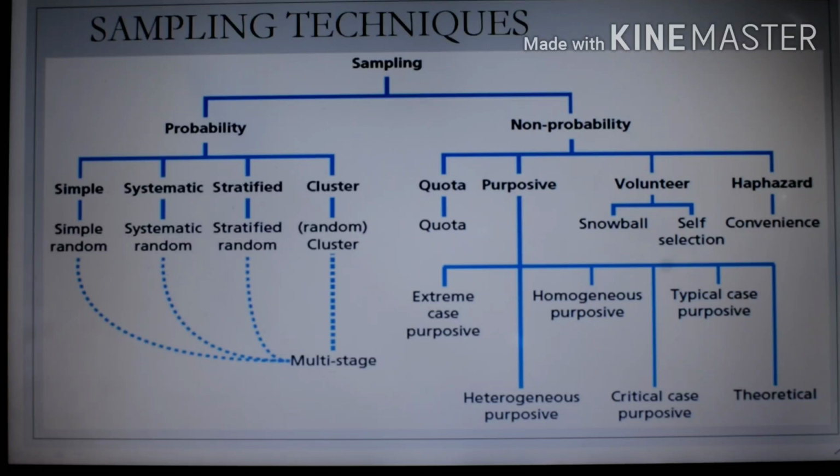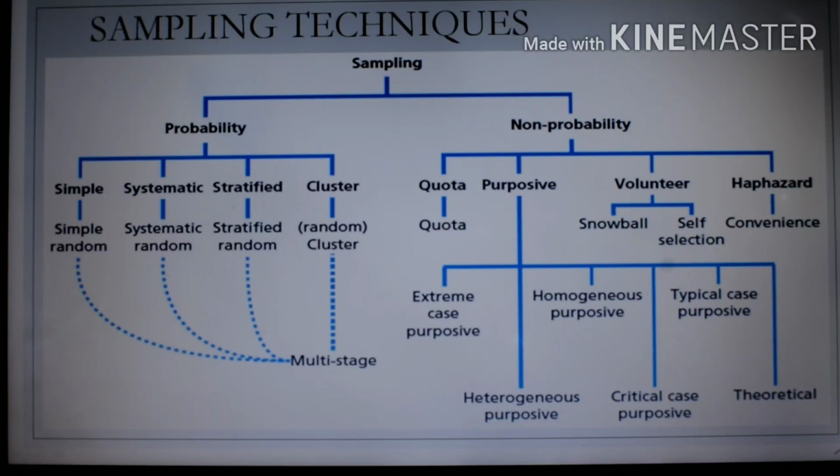Probability sampling is divided, as I have given here, into simple random sampling, systematic random sampling, stratified random sampling, cluster random sampling, and the last one is multi-stage random sampling. Non-probability sampling includes quota sampling.